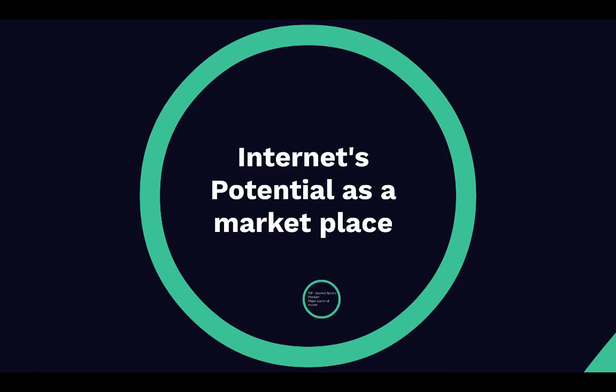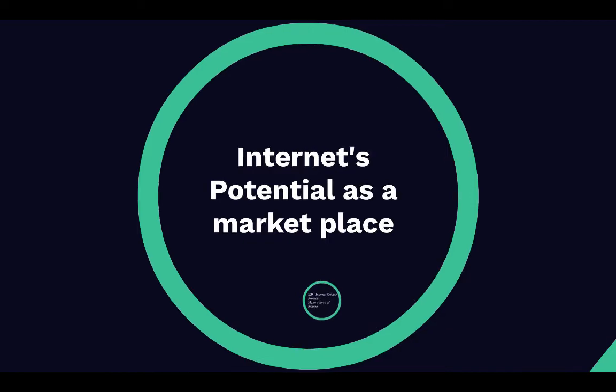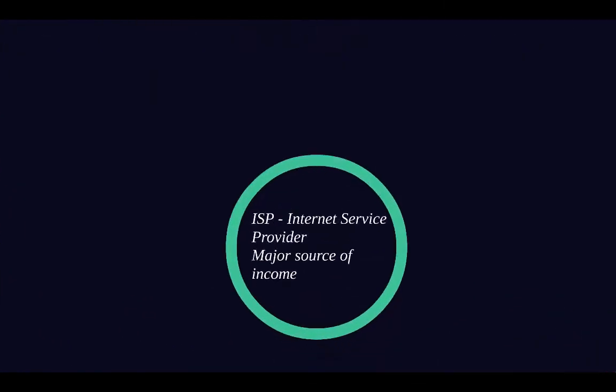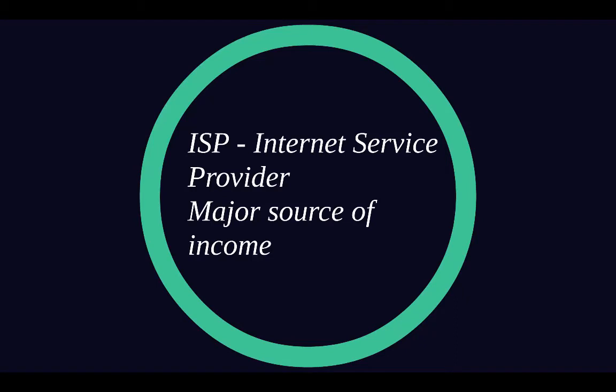And the last thing I want to talk to you about is the potential of the internet as a marketplace to make money. So we're going to look at the various sources of how money is made on the internet. The first way where the internet makes most of its money is through providing internet, also known as the ISP, which is internet service provider.